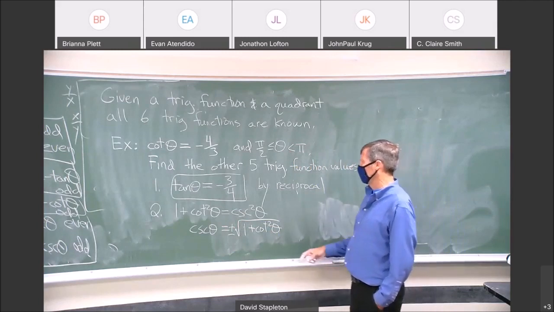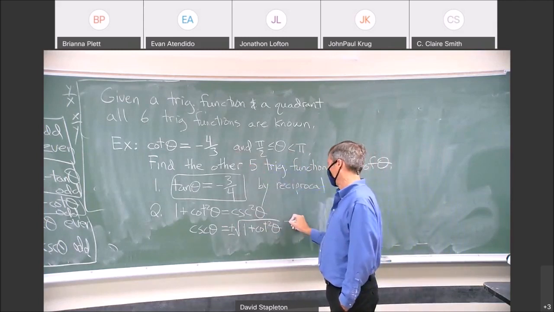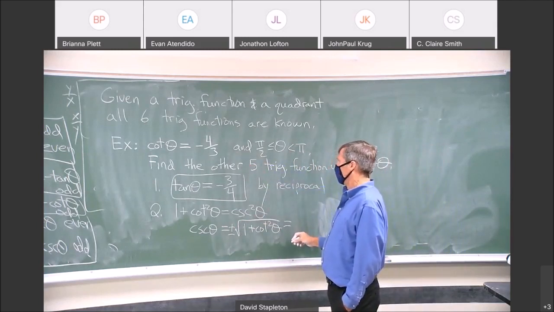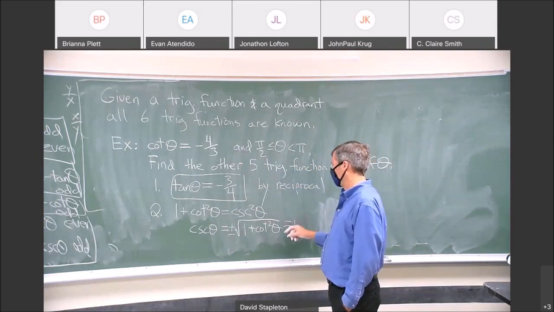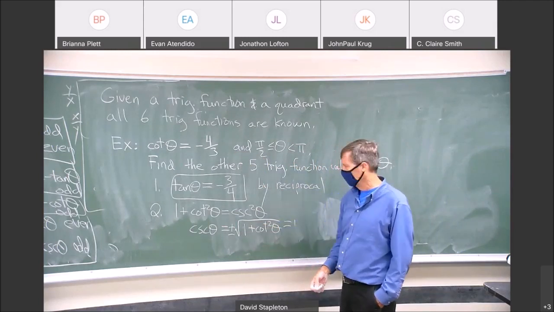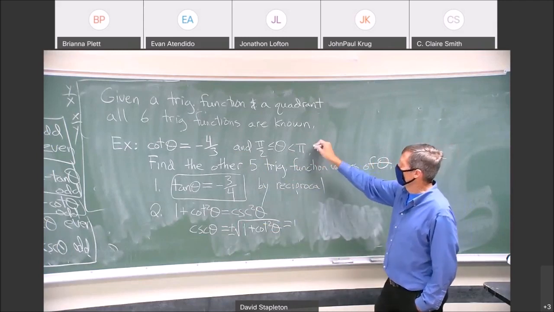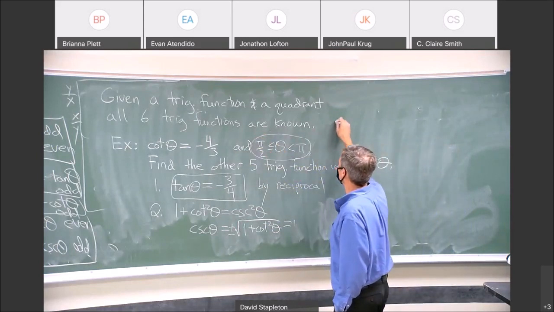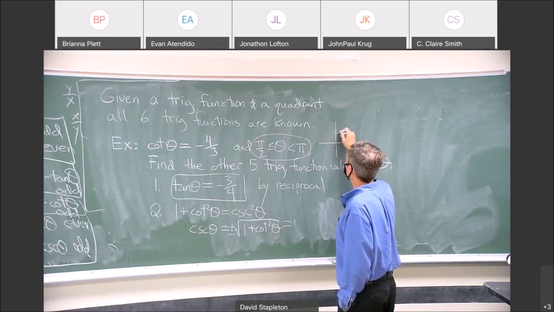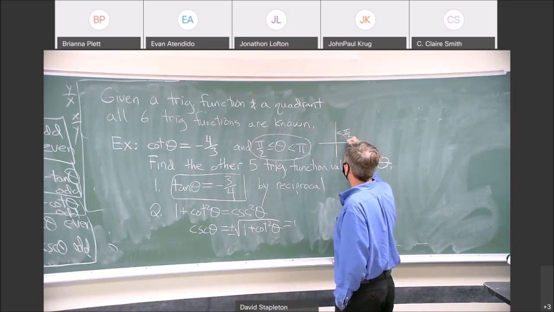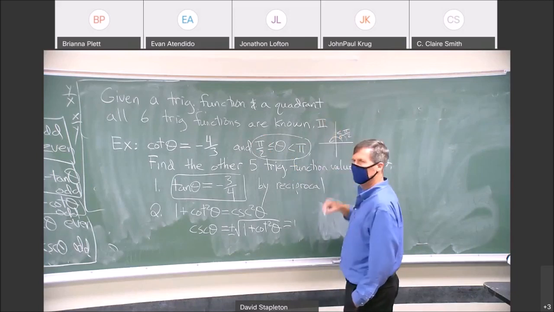And now cotangent squared was minus 4/3. So this is plus or minus. Do I put plus or minus? This is where the quadrant comes in. If theta is between pi over 2 and pi, you have to remember your angles now. Pi over 2 is a right angle. Pi is a straight angle. That puts me in quadrant 2, right?